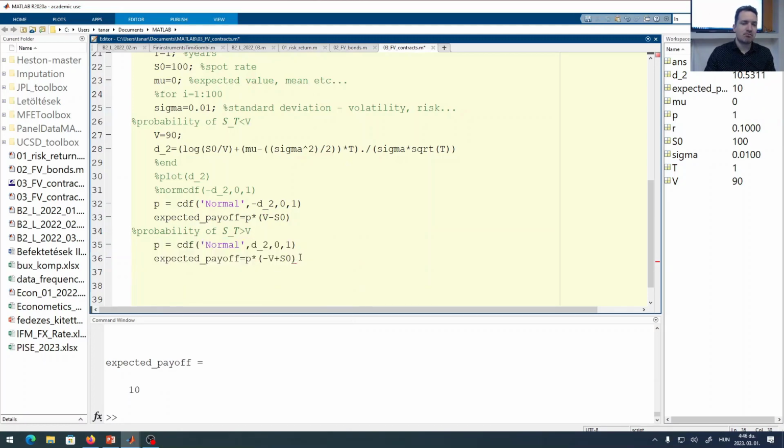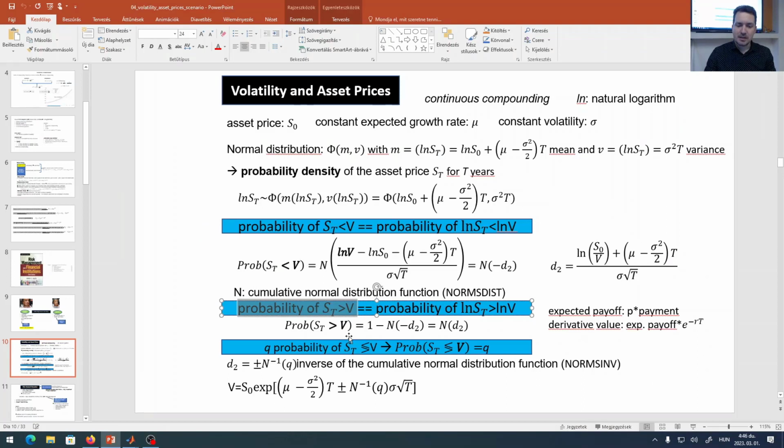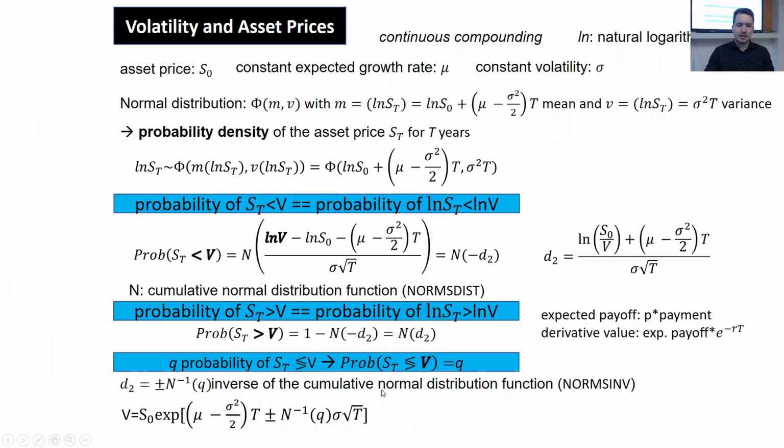So practically, at the end of the day, it says that Q probability of ST being smaller or bigger than the threshold will be Q. So after that the V will be described.